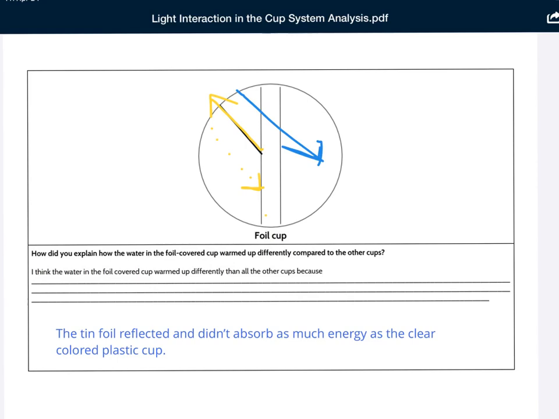So I think the water in the foil covered cup warmed up differently than all the other cups because the tin foil reflected and didn't absorb as much energy as the clear colored plastic cup.